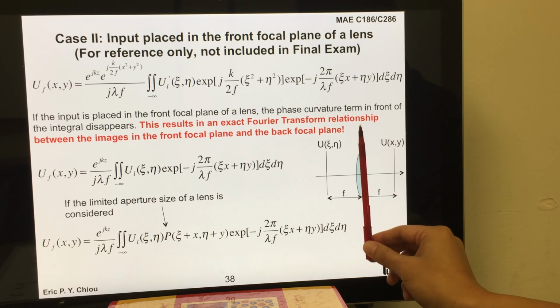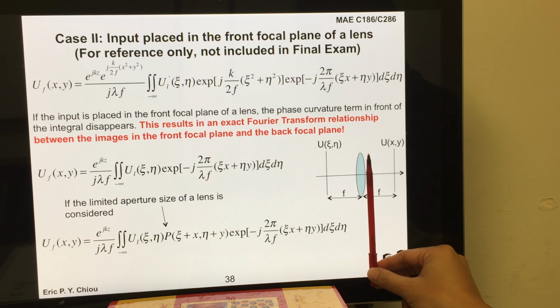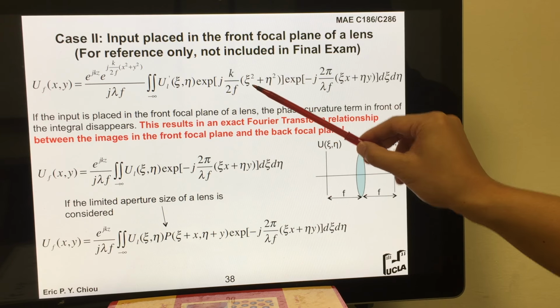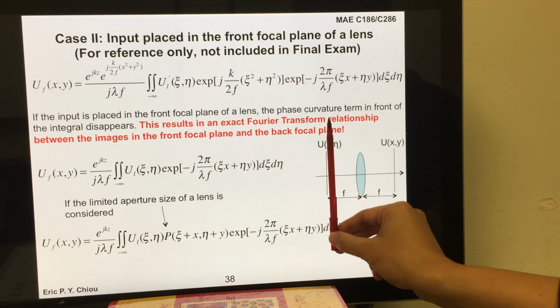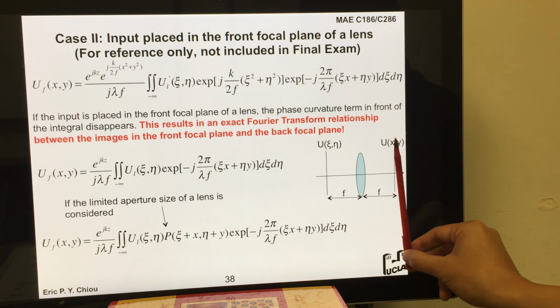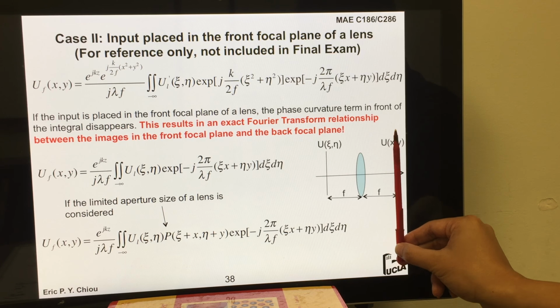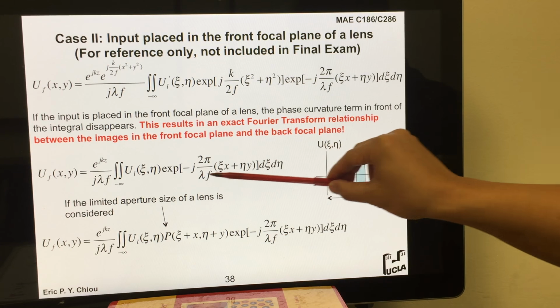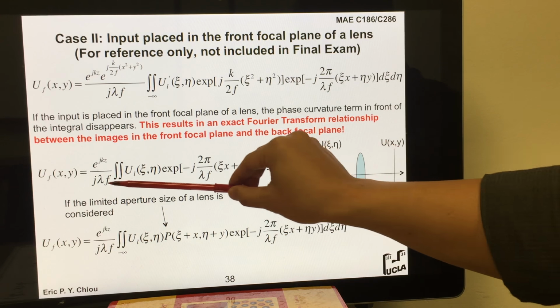The lens before and after allows you to cancel this term. So if you put the object in the front focal plane, what you detect in the back focal plane is exactly the Fourier transform.